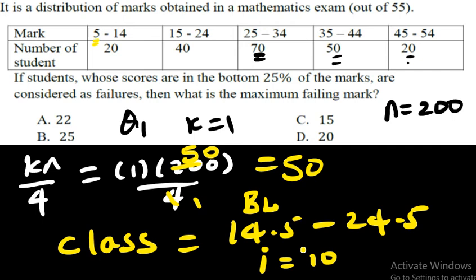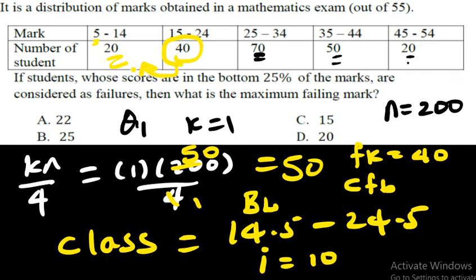So what will be the frequency of the class? What you said, Fk. The frequency of the given class is 40. What about the cumulative frequency of the class before? This is our class, and the one before it is just 20.